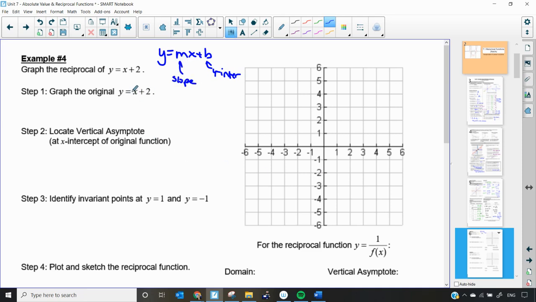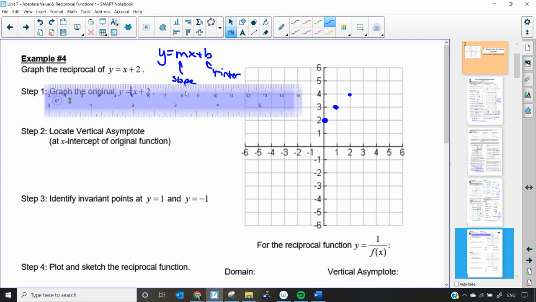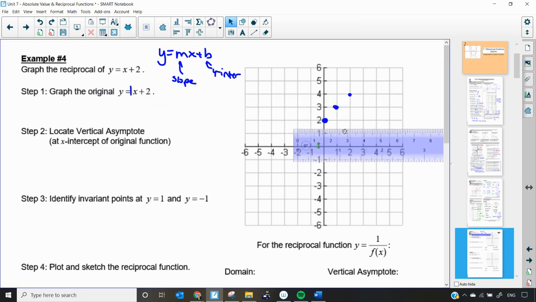So plotting that point, we have y equals x plus 2. I'd start by plotting my y-intercept of 2, and my slope is 1. So I'm going to be counting up 1, right 1, up 1, right 1, and so on. And so I would get out my ruler or my straight edge, and I would draw that line.